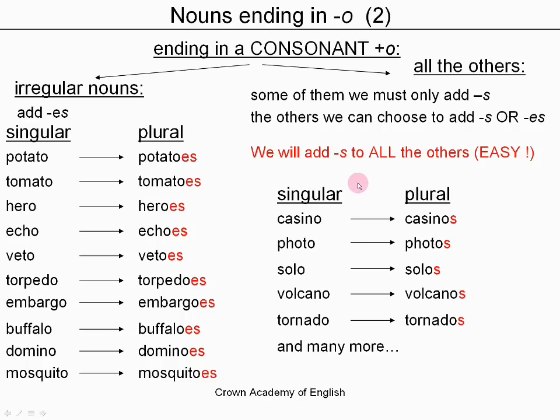So we will always add S to new nouns which end in O. So all you need to do is just to learn this list, and any other nouns just add an S to.